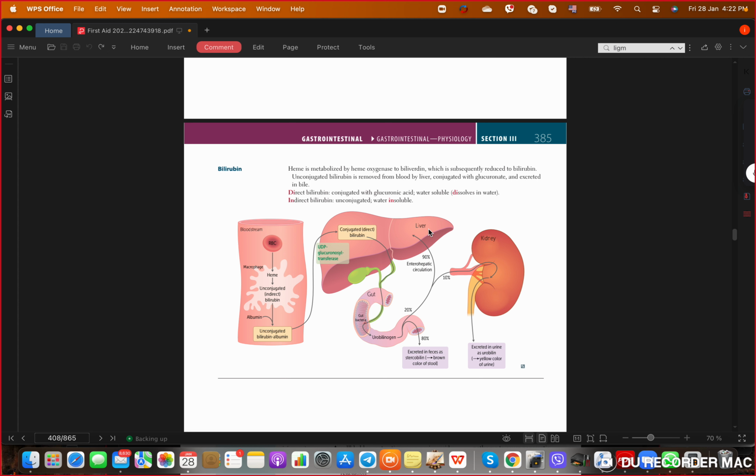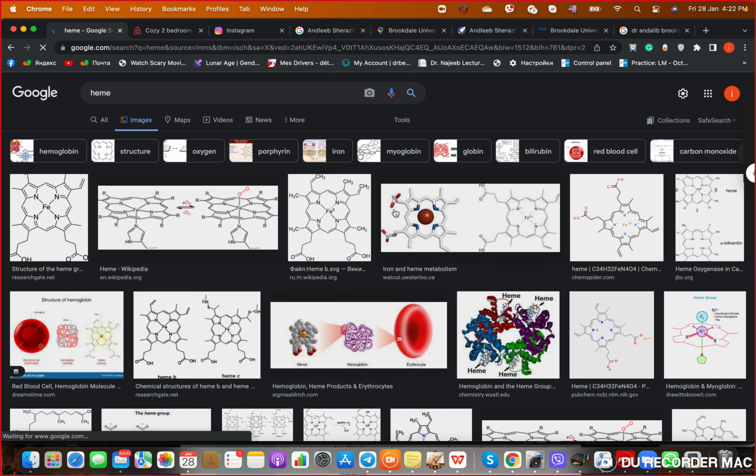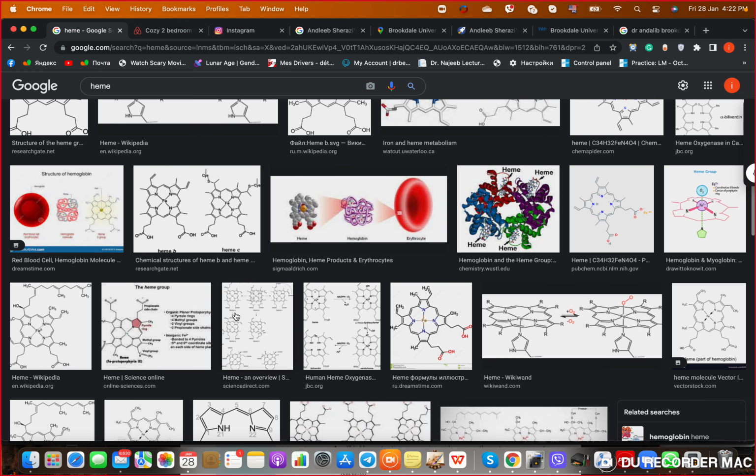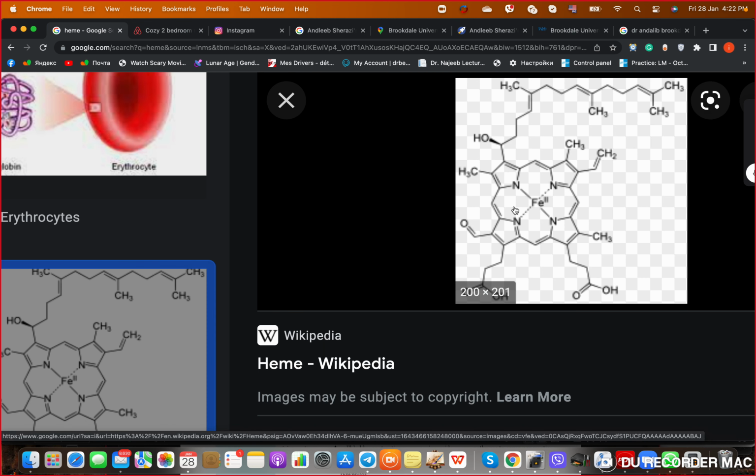Okay, let's go to the heme. What is heme made out of? Bilirubin, Doc. No, it's made out of iron and protoporphyrin. Take a look. This is a heme molecule. Can you see the iron in the middle? Yeah, Doc. That's iron.